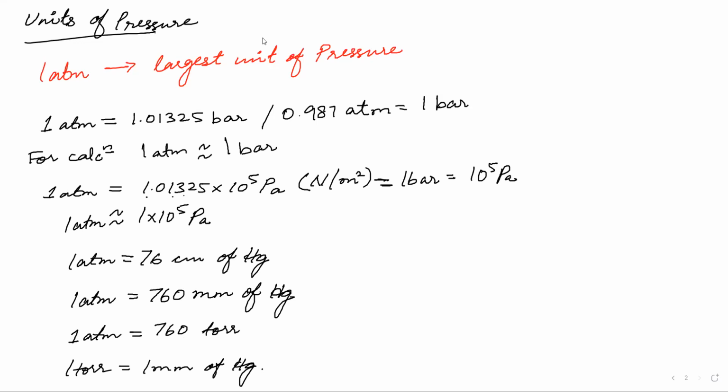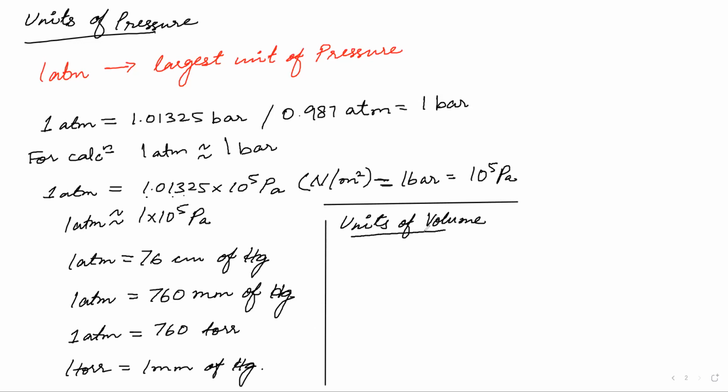Now let me just make a line here, and let us also deal with units of volume. Okay. Now, Mariam and Abir, tell me, how much is 1 meter cube in terms of liter?